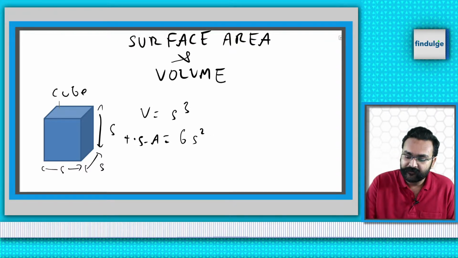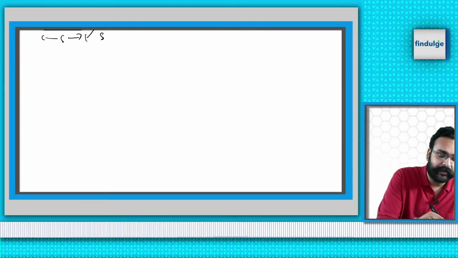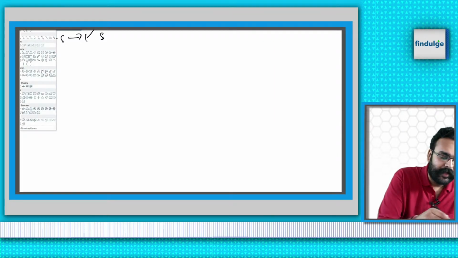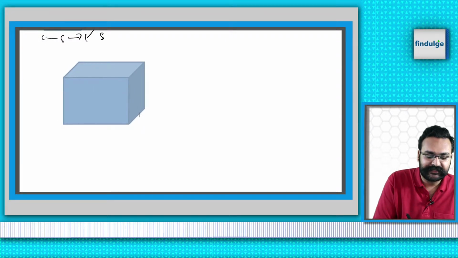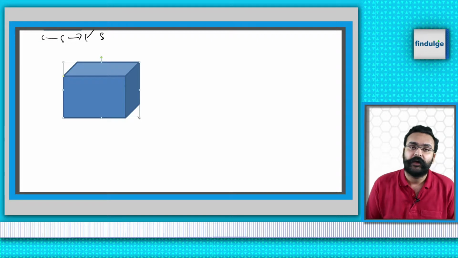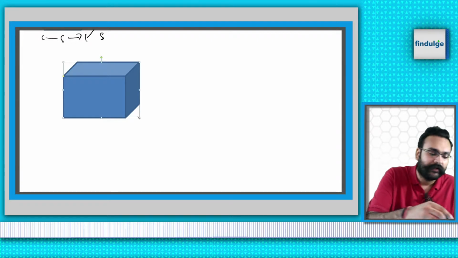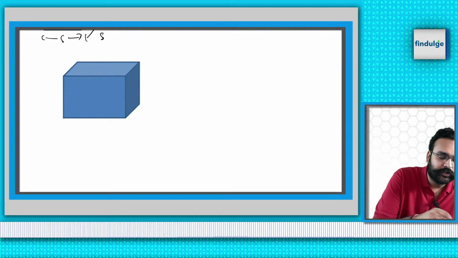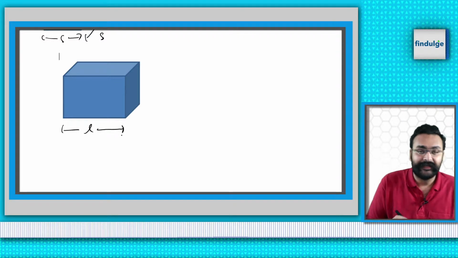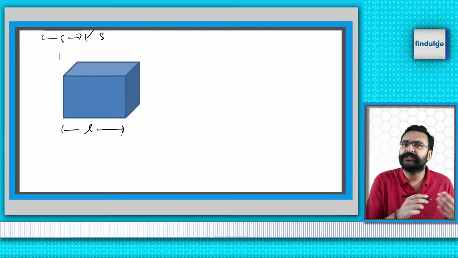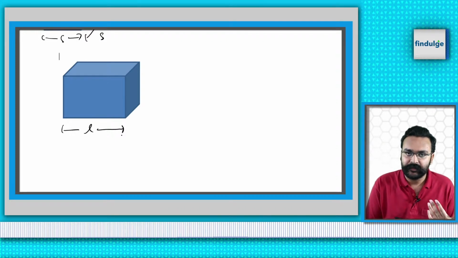Now, after cube, we have the related shape, which is our cuboid. And if a cube is just an extension of a square, a cuboid is just an extension of a rectangle. And so in our cuboid, our 3 major dimensions are the length, which is traditionally considered as the longest side, but not necessarily.